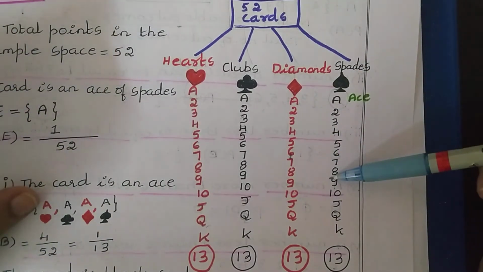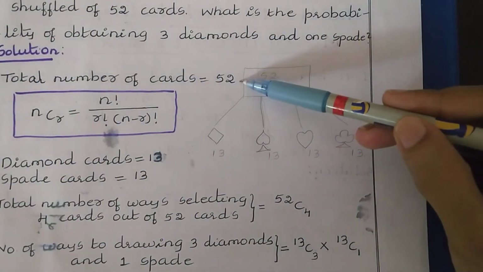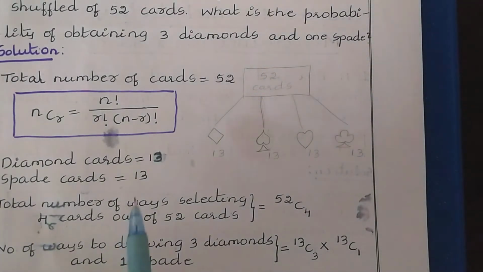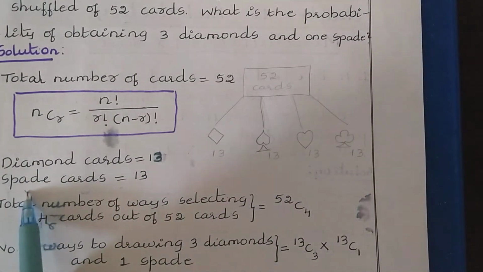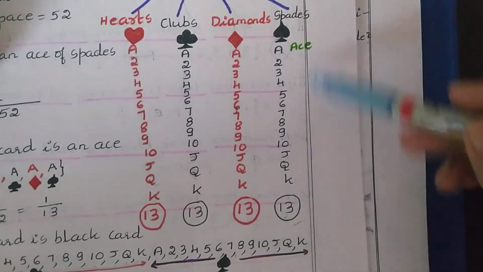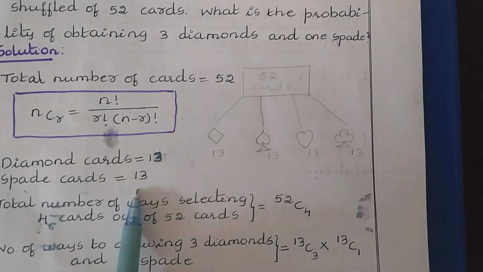So now here totally we have 52 cards. Then next, diamond cards: totally 13 diamond cards are there. Similarly spade cards are 13. So diamond cards 13, spade cards 13.